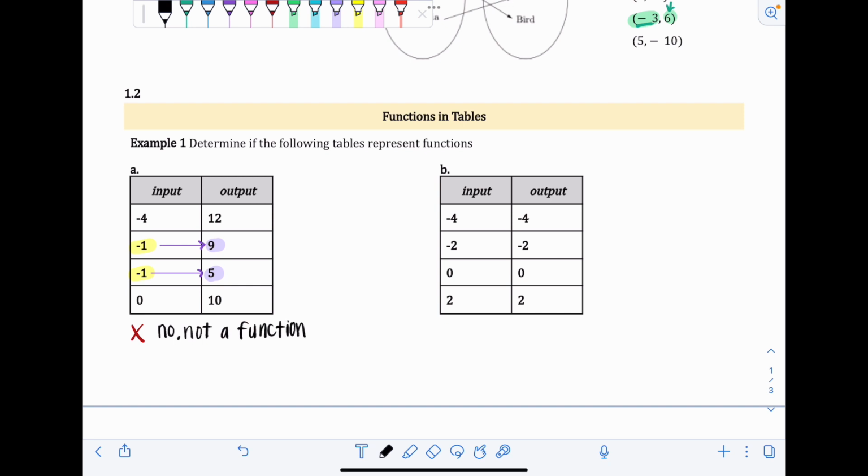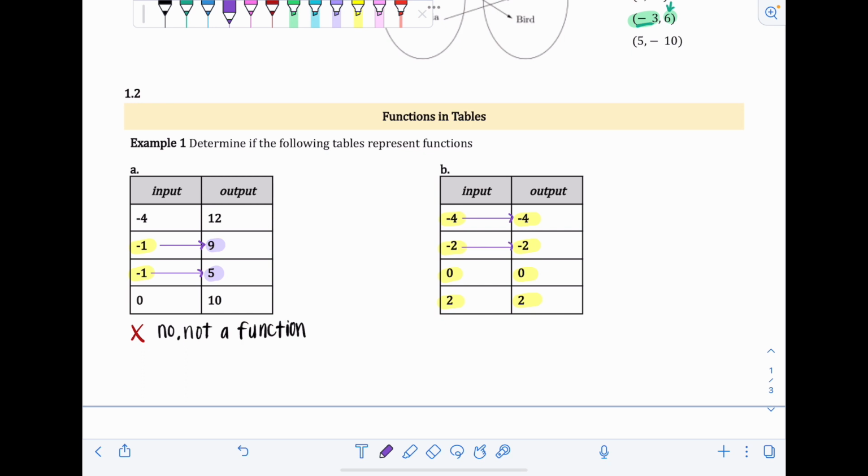And then for example 1b, we have our table: -4 goes to -4, -2 goes to -2, 0 goes to 0, and 2 goes to 2. The input and output don't change, each number is going to the same one, and that's not a problem at all.